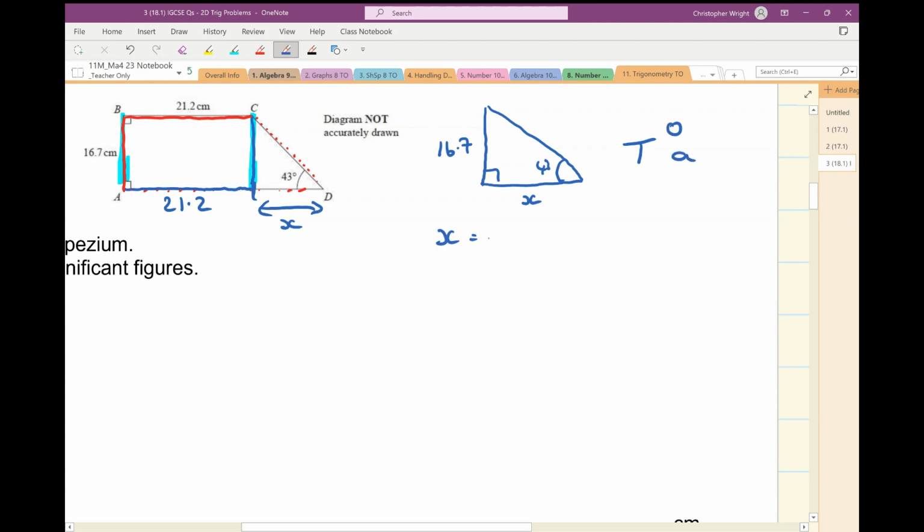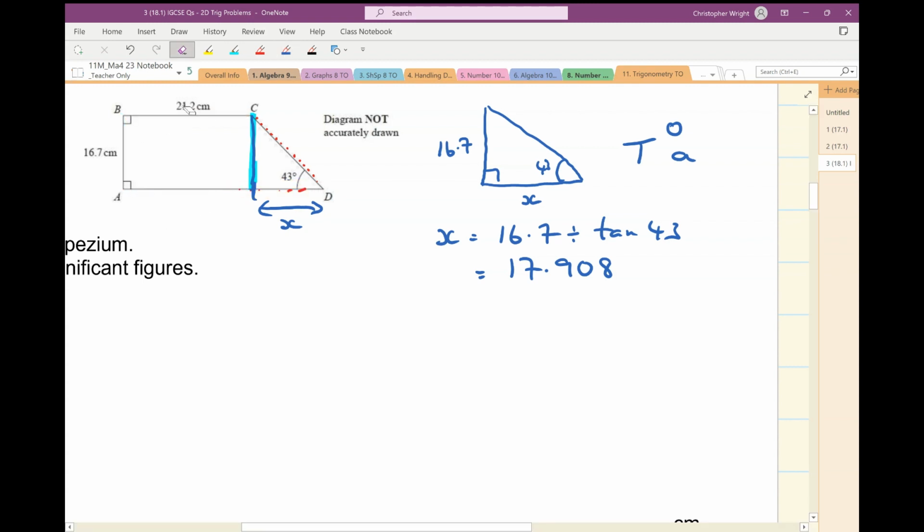So x will be 16.7 divided by tan 43. Okay, so a bit of calculator action tells me that x is 17.908. So now I do know this whole length here, because it's going to be 21.2 plus the 17.908. Good. Right, let's delete that.